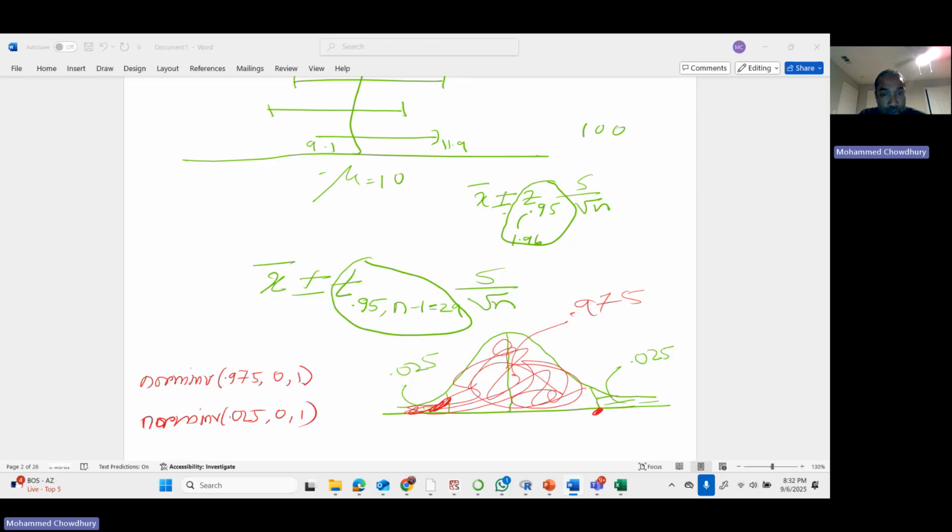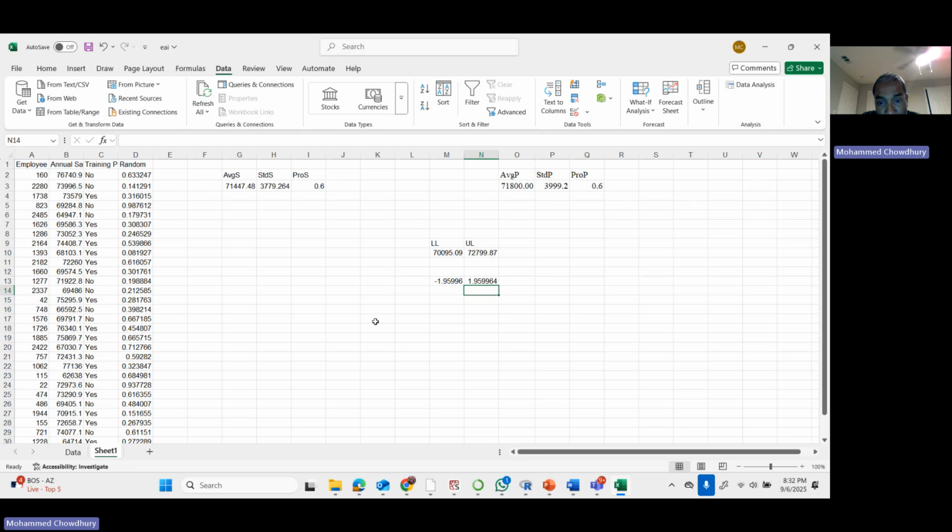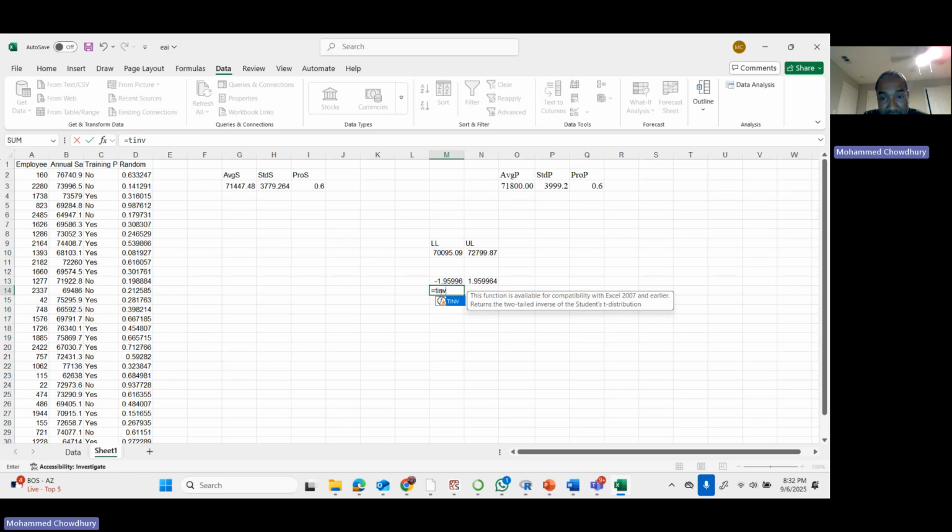And now I want to show you how to compute the t-value. In order to compute the t-value when the sample size is less than 30, you just write T.INV and then 0.025, and then degrees of freedom equal to 29, and hit enter. You will get your value like this.